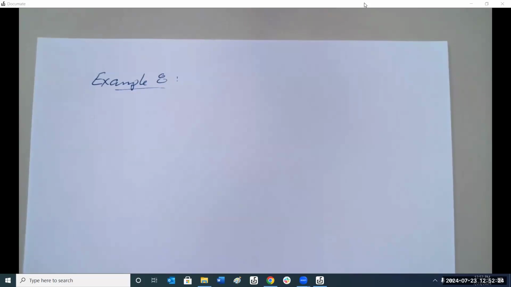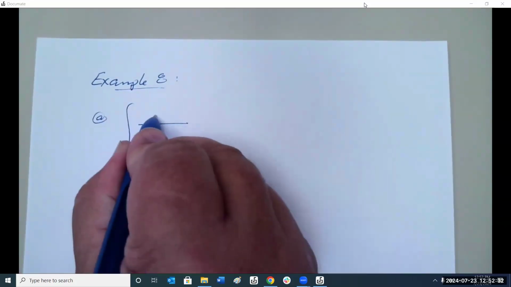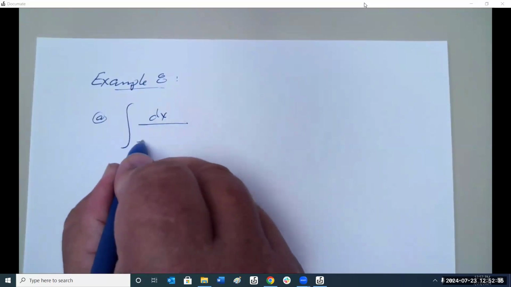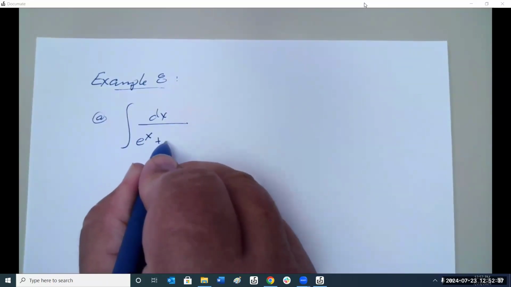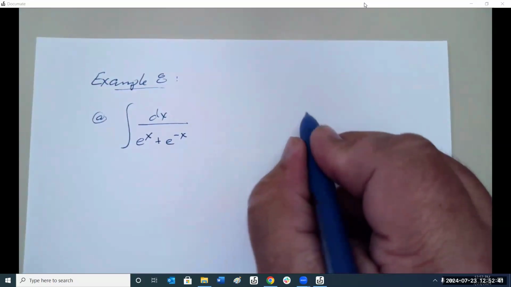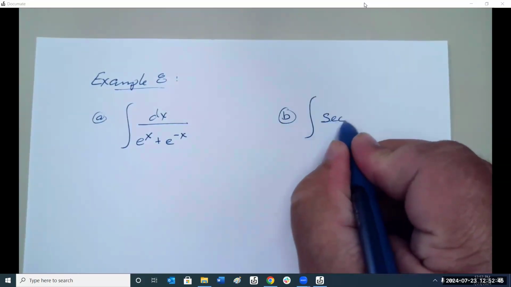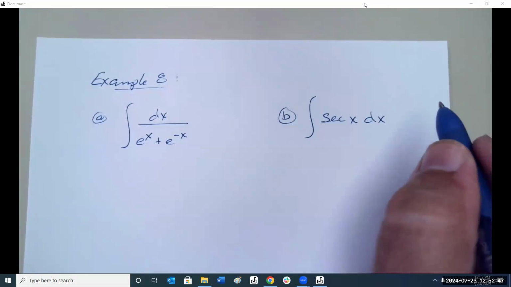An integrand may require some algebraic manipulation before substitution can be applied. Here are some examples. A, the integral of dx over e to the x plus e to the negative x. And then B, the integral of secant x dx.